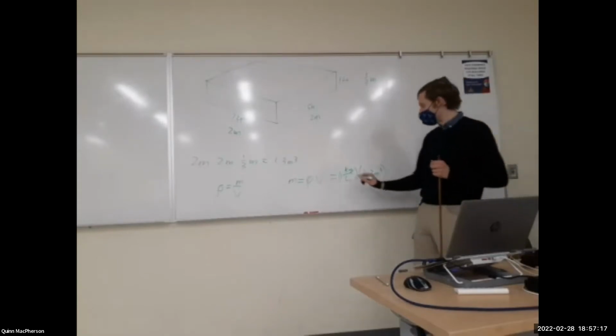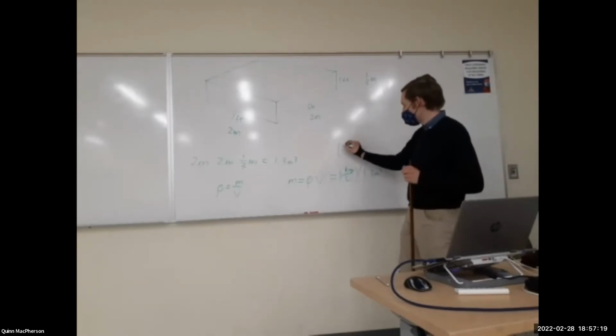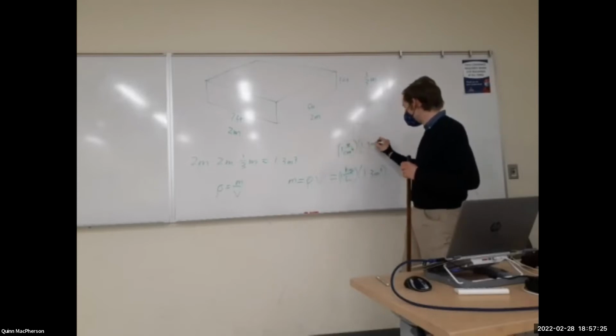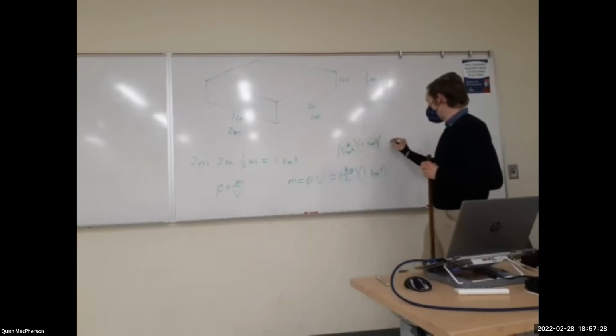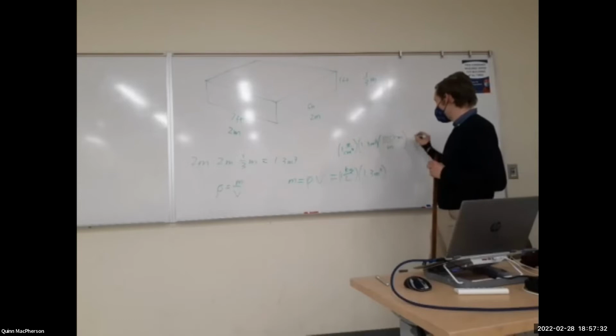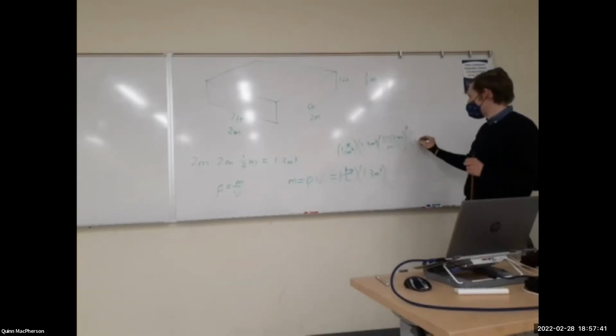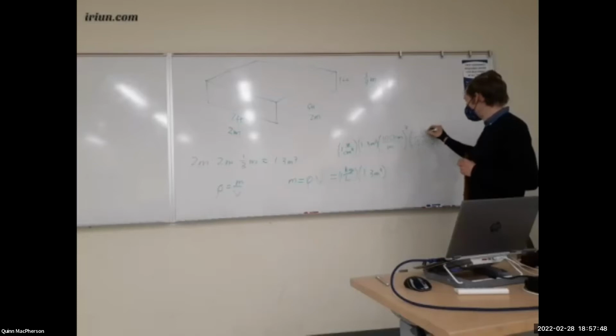Well, another way to do this is to use 1 gram per cubic centimeter times 1.3 meters cubed. There are 100 centimeters in a meter, and we have to cube that. Then there are 1,000 grams in 1 kilogram.